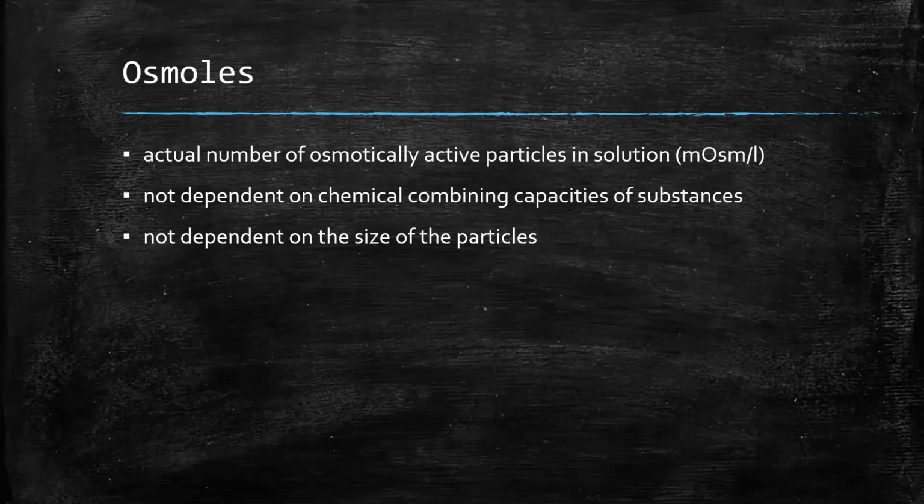And how osmotically active something is not dependent on its size or weight, nor is it dependent on its chemical combining activity. It's basically numbers. So one molecule of albumin has the same osmotic activity as one sodium ion. It's simply a numbers game.